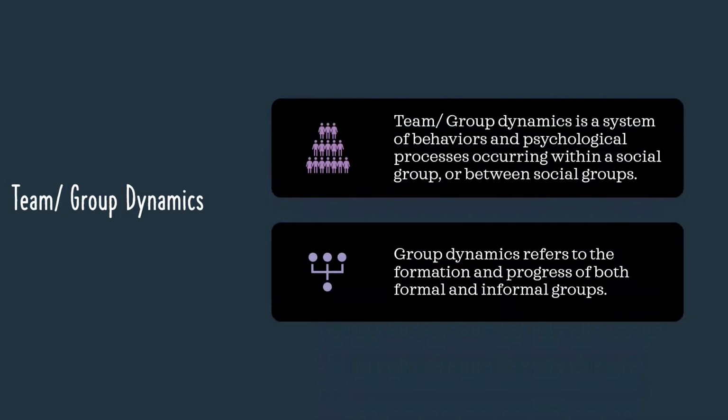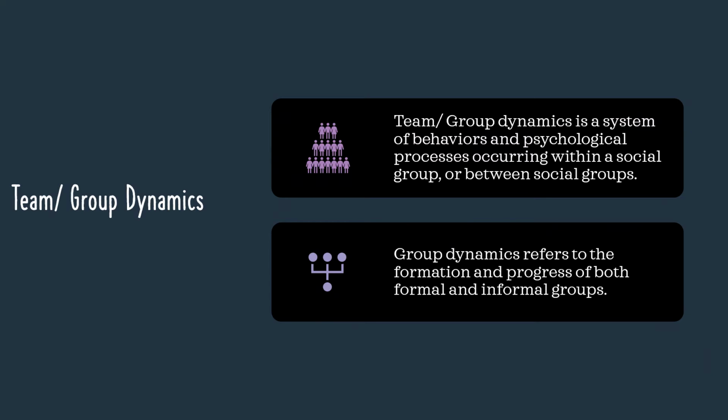Let's see what we mean by team dynamics or group dynamics. Group dynamics can be understood as how team members' distinct roles and their behavior impact other group members or the group as a whole. That means we have different types of people in a group, and each type of person behaves separately or has a different personality.